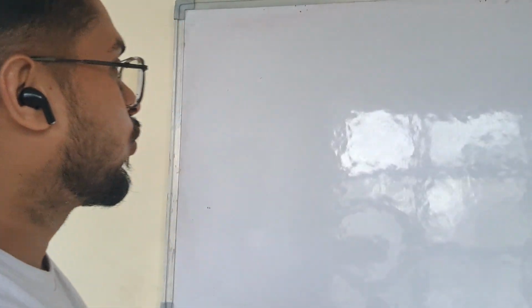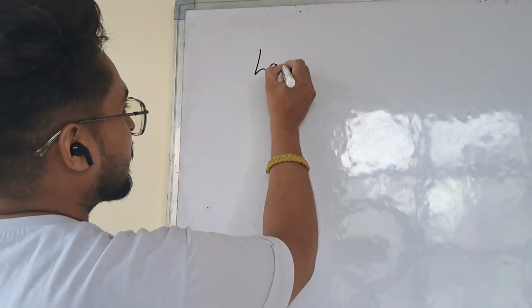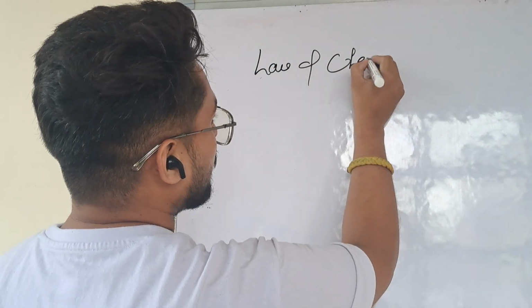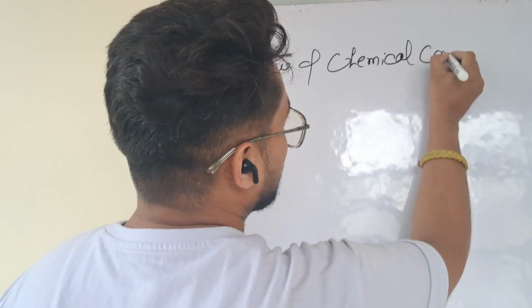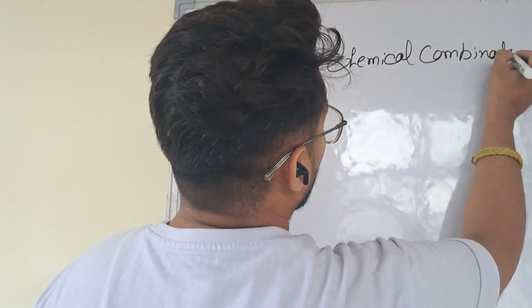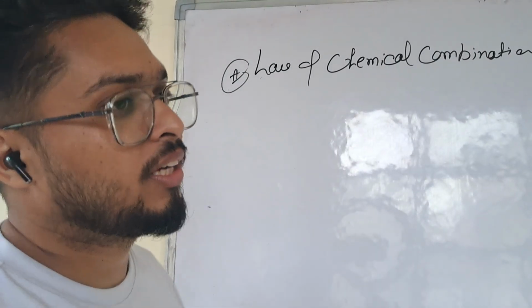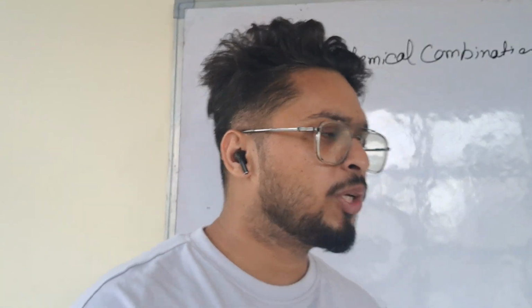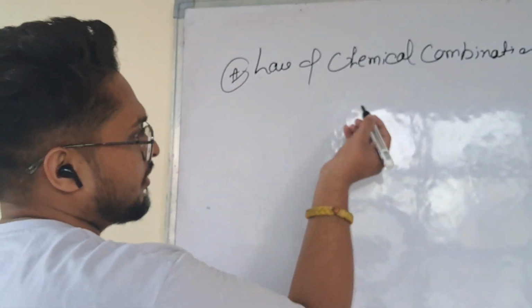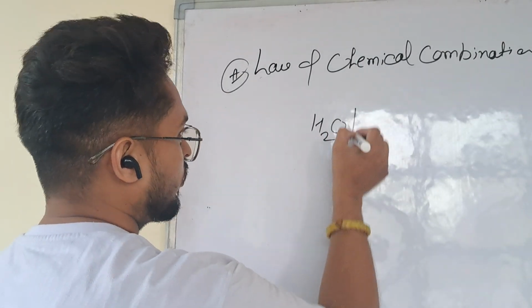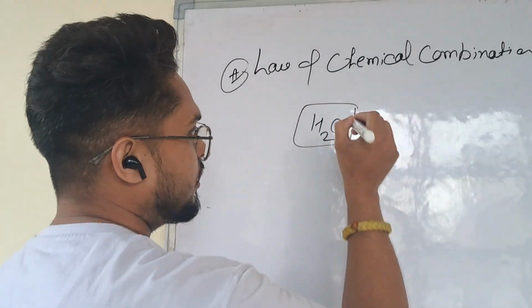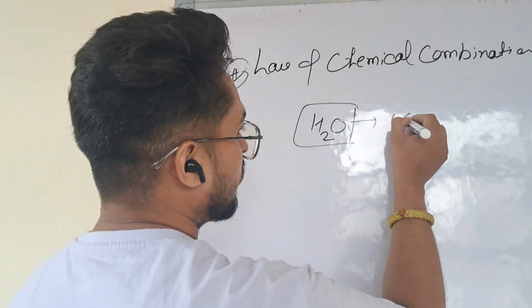Okay. So what do you mean by law of chemical combinations? Why the need for laws of chemical combination in the field of chemistry? Let us take a simple example, H2O. H2O is the molecule of water.